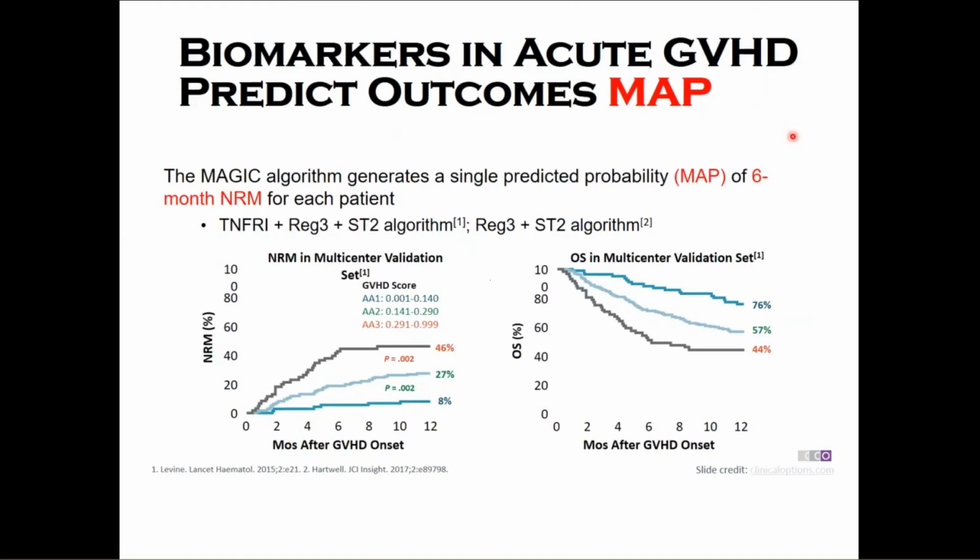The MAP reflects the GI crypt damage and serves as a liquid biopsy also throughout the disease course and may be tested at repeated time points.